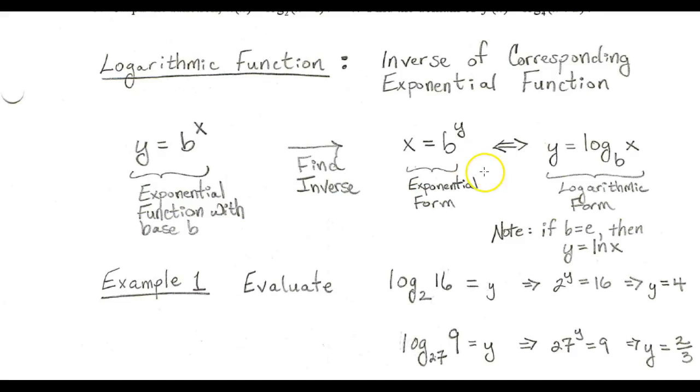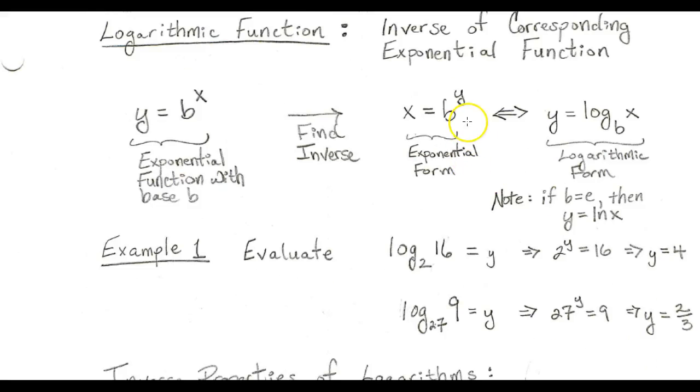So actually, what we have learned over the years is that when I solve this for y, it becomes a special function called the log base b. So log base b of x. So x equals b to the y, and y equals log base b of x, are two forms telling us the same thing about the relationship between x and y.